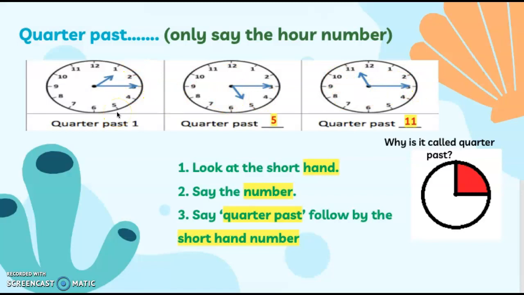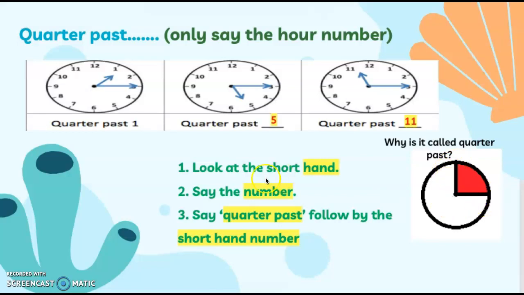The only difference is the short hand. Why is it called quarter past? This is your clock. The long hand struck at number 3. From 12 to 3, it is considered a quarter. That is why we call it quarter past.